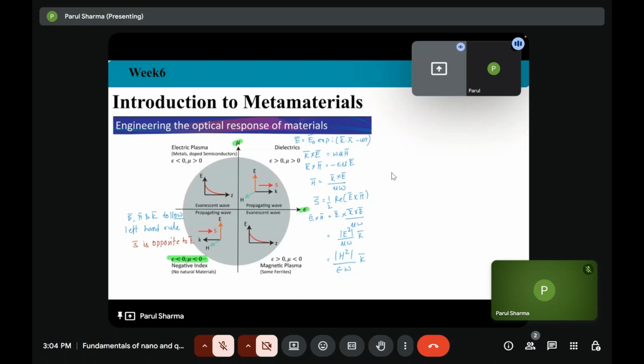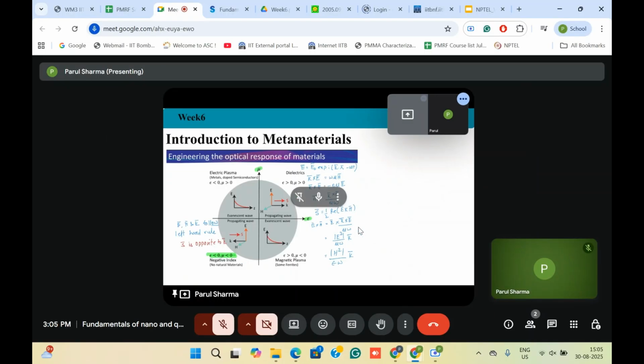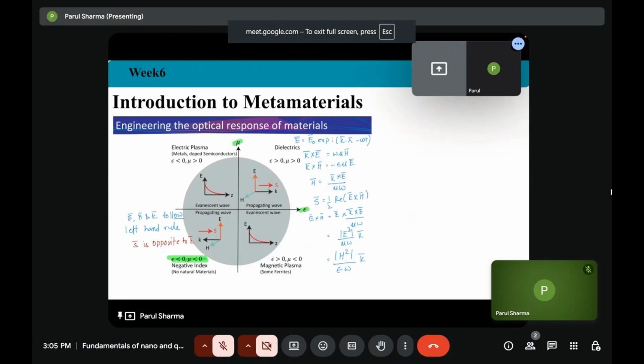And also, we saw what happens when light is incident on periodic dielectric structures. For example, for crystals, we saw that if we have a layered medium, then what will be the reflection and the transmission when the light interacts with the layered materials.